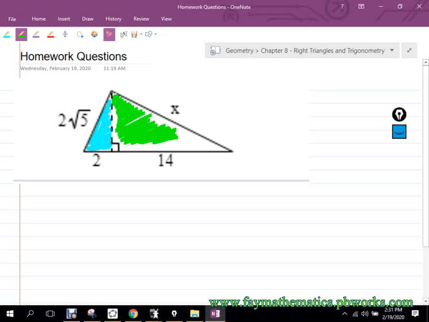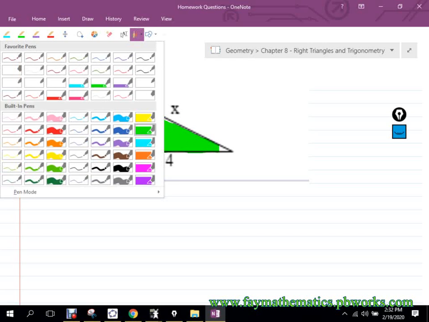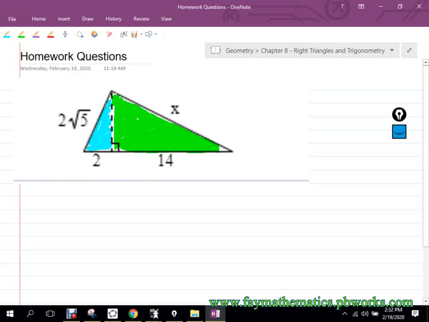And we're going to see a lot of this as we move on throughout the rest of the course, that if my goal is to find X, usually I'm not going to be able to directly find X. I've got to start somewhere else. And if I want to decide where to start, I usually start in the triangle that I know the most about. I know the most about the blue one, right? You know two sides of the blue one. You only know one side of the green one. So I'll start with the blue one and see if I've got any ideas here.